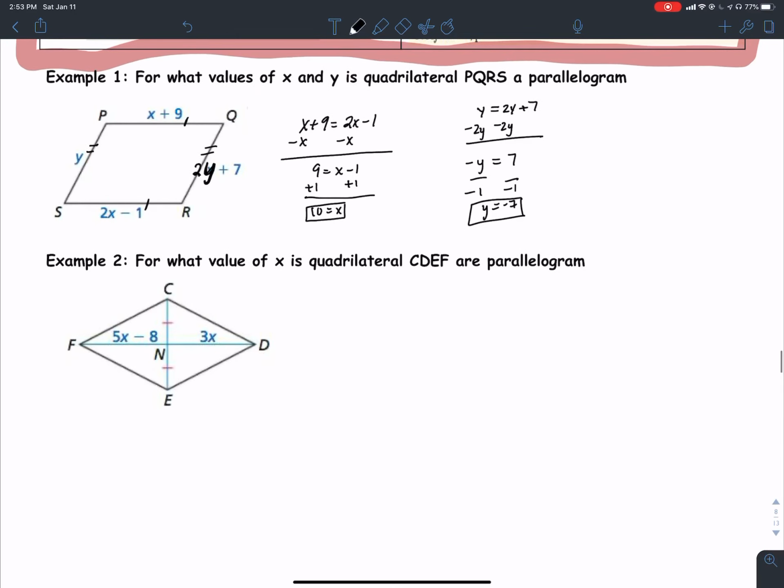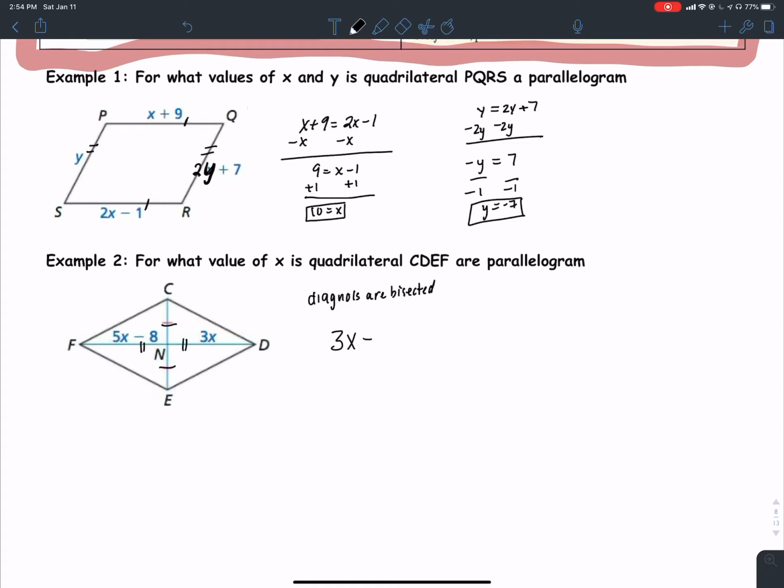All right. For what value of x is quadrilateral CDEF a parallelogram? In order for this to be a parallelogram, remember, diagonals are bisected. So if diagonals are bisected, we know that these two diagonals are congruent, and then we know that these two diagonals are congruent to each other.